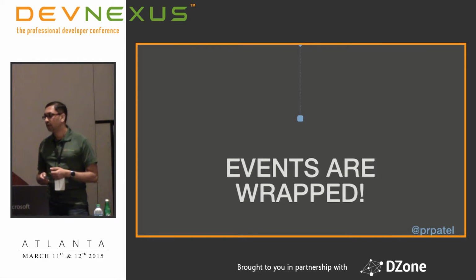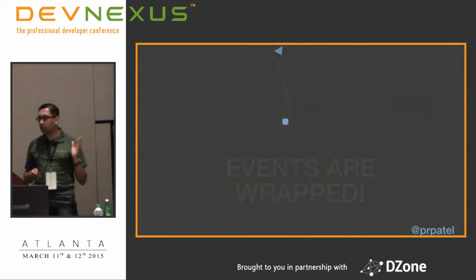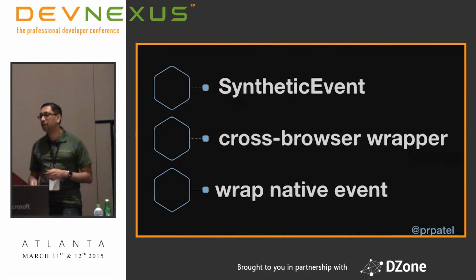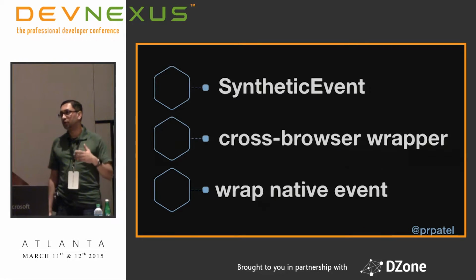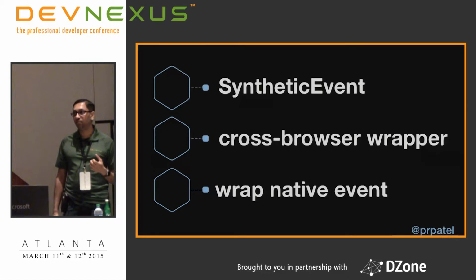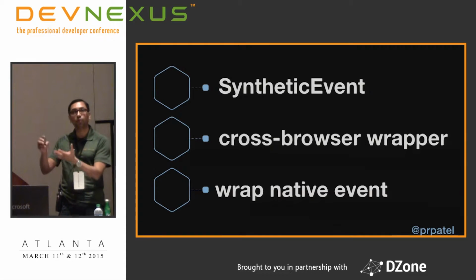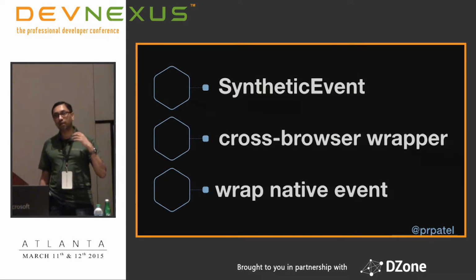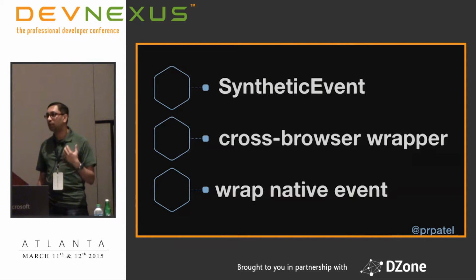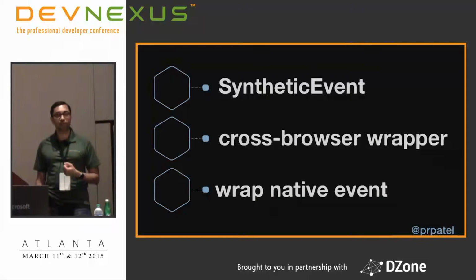Okay? We'll look at some code in just a minute. But basically what that wrapped event layer does, it's what we call synthetic events. Everything funnels through this virtual DOM, events funnel through using synthetic events, and the event layer is also cross-browser, and they basically wrap low-level native events. Okay?